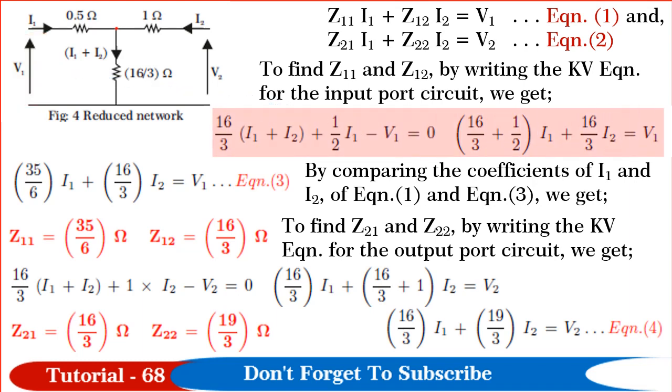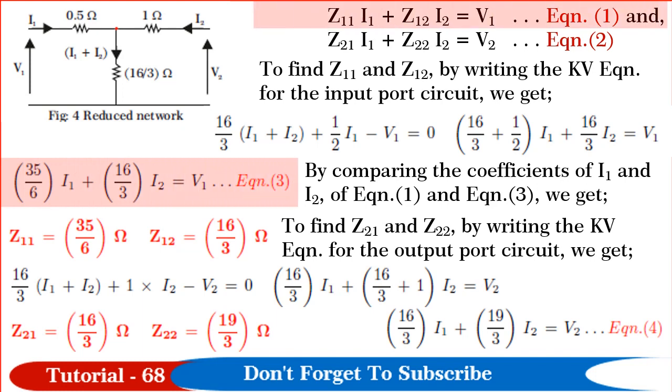By solving and rearranging, we get 35 divided by 6 into I1 plus 16 divided by 3 into I2 is equal to V1. Observe that equation 3 and equation 1 are analogous to each other. So, by comparing the coefficients of I1 and I2, we get Z11 is equal to 35 divided by 6 ohm and Z12 is equal to 16 divided by 3 ohm.